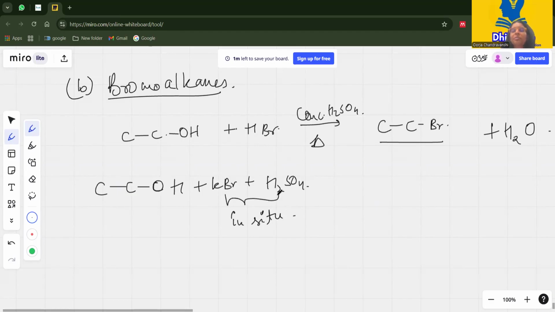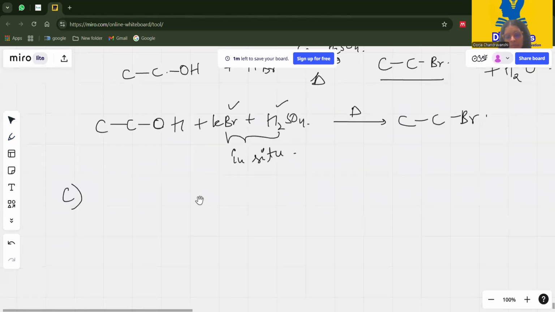In situ means that I'm preparing it during the process, and not like I have HBr prepared already, but it will be prepared if I'm taking two other substances. So from KBr and H2SO4, I will get HBr. And this on heating will give me this product. Iodoalkanes also work in a similar manner.